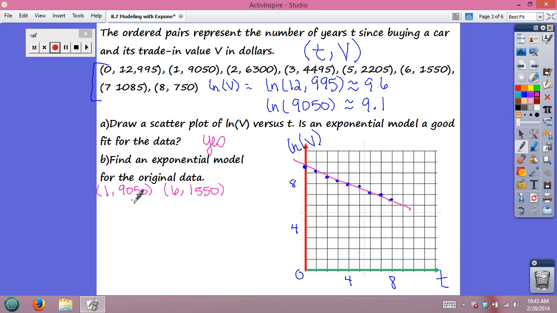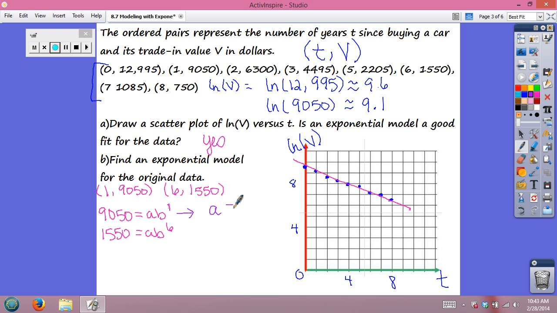From there, we know that we have to plug these values into our equation, which is y equals a b to the x, and again, y equals a b to the 6, which is x. Okay, next, solve for a. So I'm going to choose this one because our b is by itself.